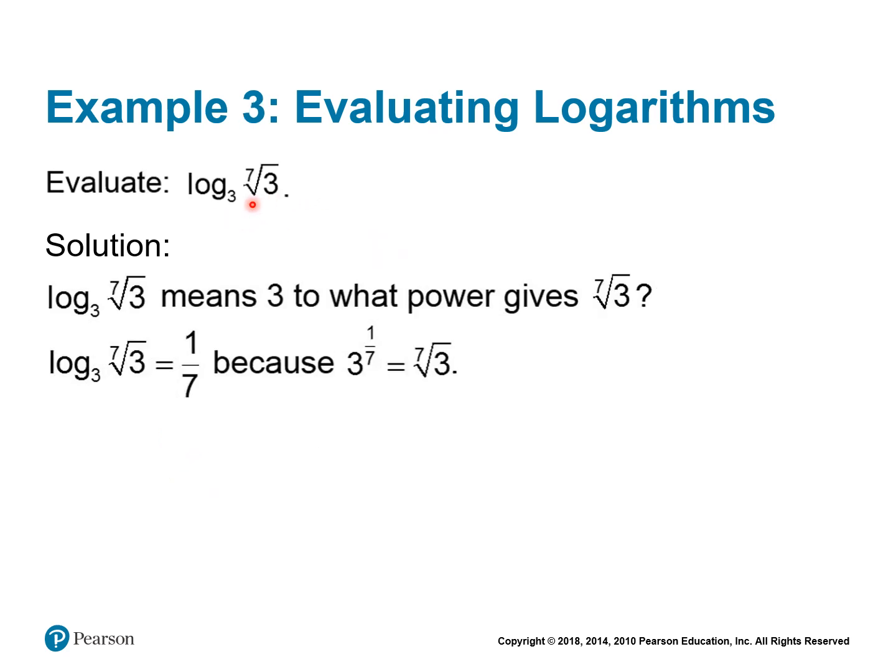Now we are getting into some examples which look a little more complicated than the previous ones, but if we follow the same process and apply the rules of exponents, we'll see it's not as hard. So here it says evaluate log base 3 of the 7th root of 3. We're going to start by converting this into exponent form first.